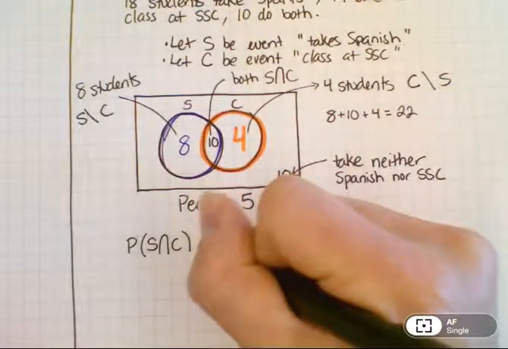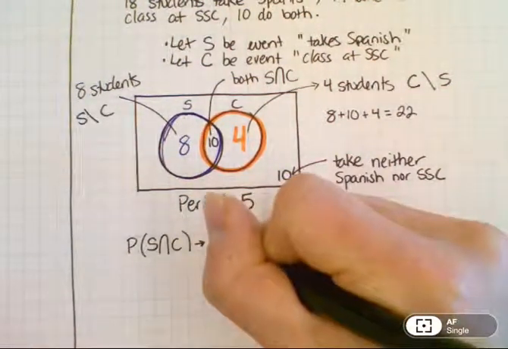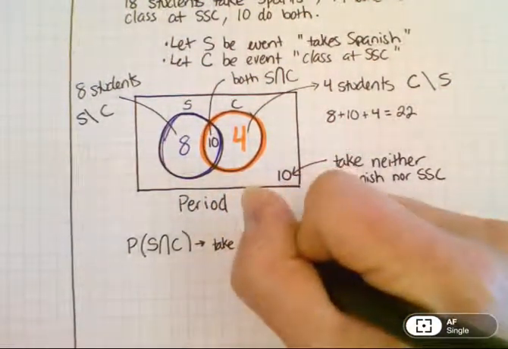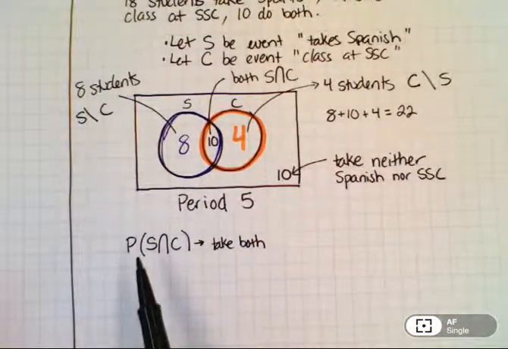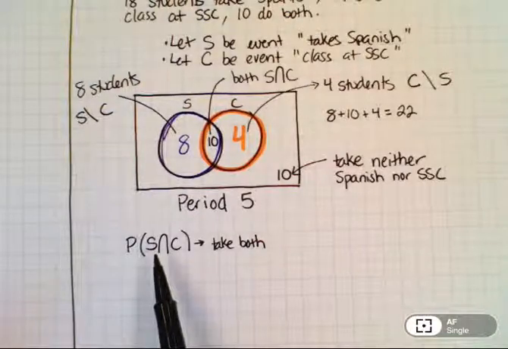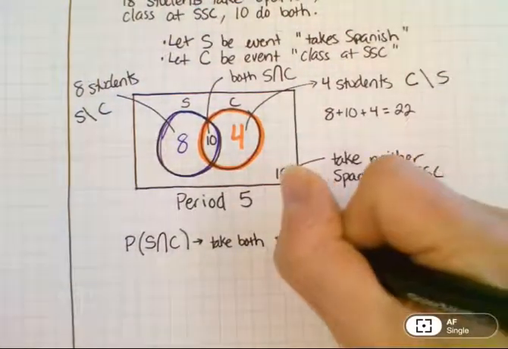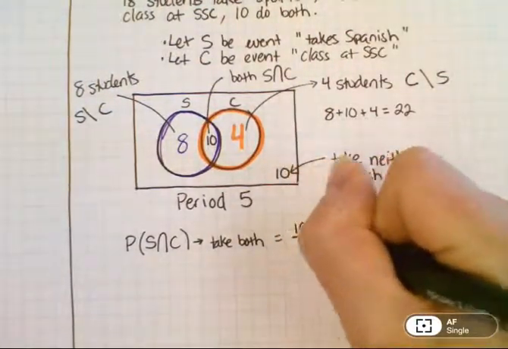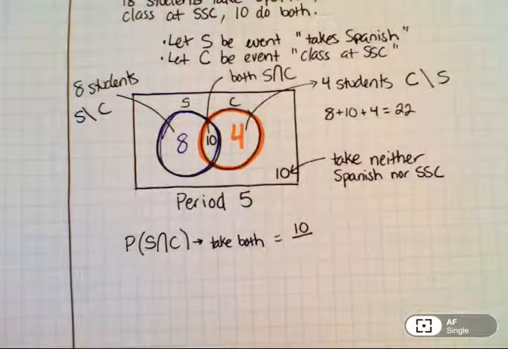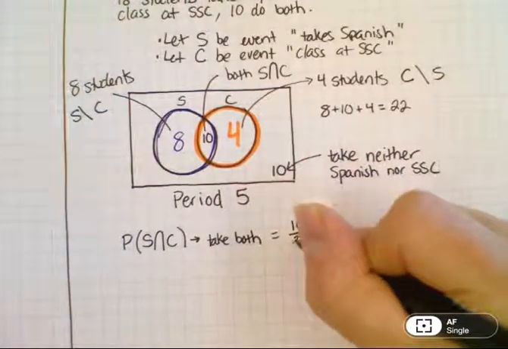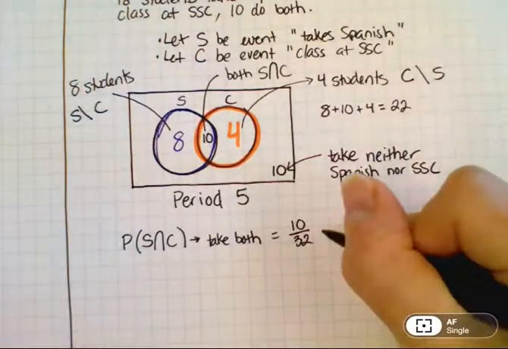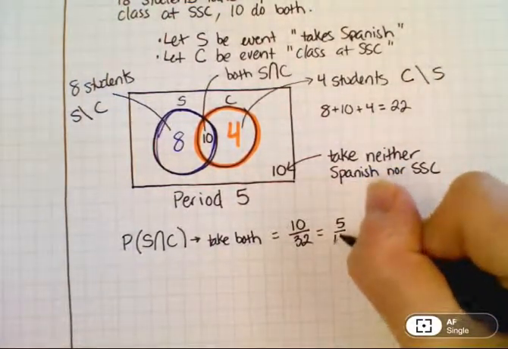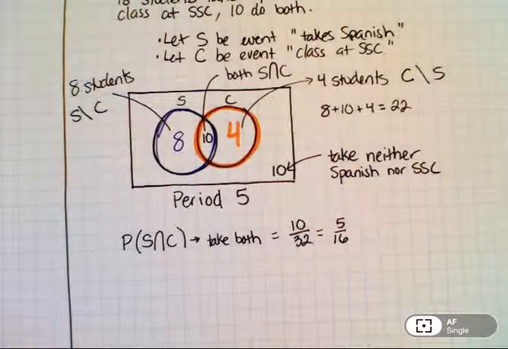So let's actually write that down. Take both. That's what it means. So if I pick a kid at random for my 5th period class, what's the probability that they take both? Well, we have 10 students in the intersection out of how many total students? 32. And then we can reduce that fraction. We could convert it into a percent if we wanted to.